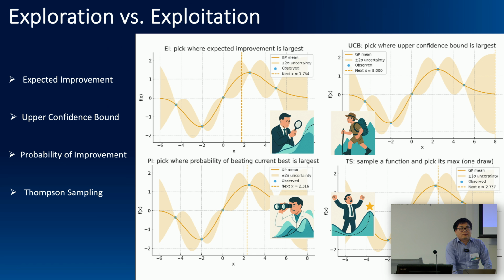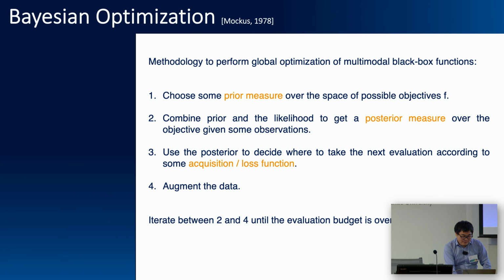So you can choose from those four measures, or maybe other different measures, to select the next point for you to try. Combining those processes, it is actually the Bayesian optimization technique. You choose some prior, then compare the prior and a likelihood to get a posterior, and then use that to define the next point according to some acquisition function and augment the data.